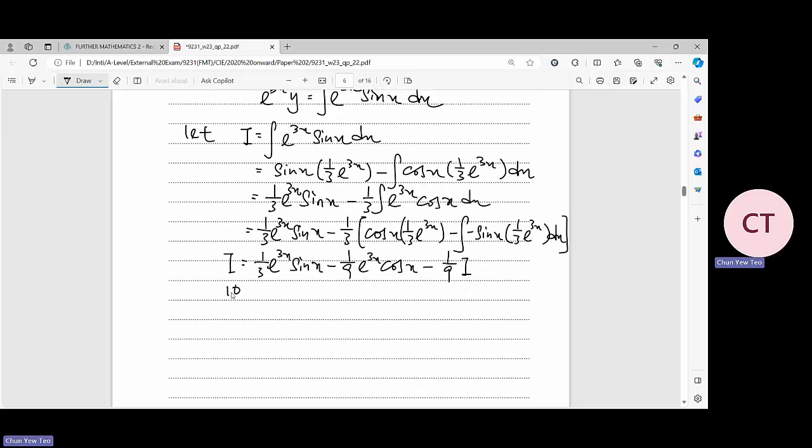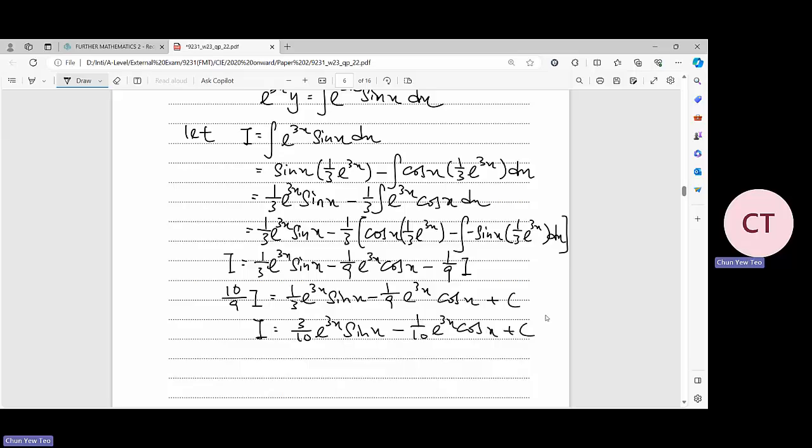You get 10 over 9 I equals to 1 over 3 e power 3x sin x minus a 1 over 9 e power 3x cos x. Now we put a plus c. Therefore, your I will be 3 over 10 e power 3x sin x minus 1 over 10 e power 3x cos x plus c.